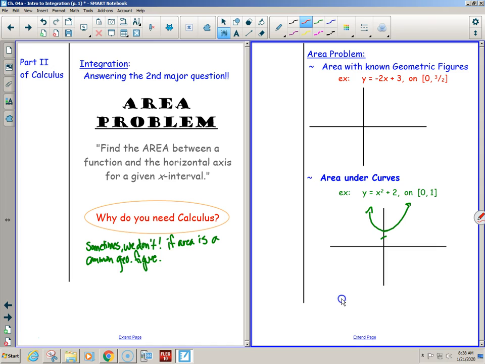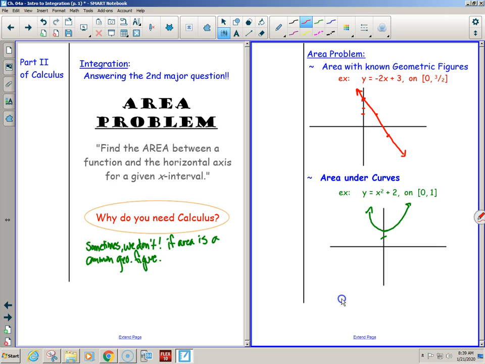You guys remember how to graph a line? You have an intercept, you go down 2, over 1, down 2, over 1. Now, do you notice you're not just supposed to be graphing the function, but also thinking about an interval? Not a point, an interval, a beginning and an ending.